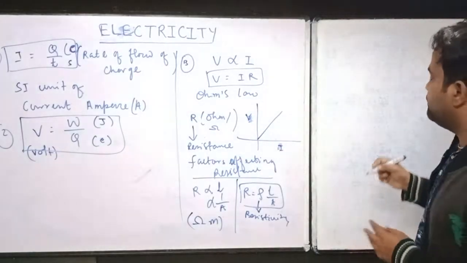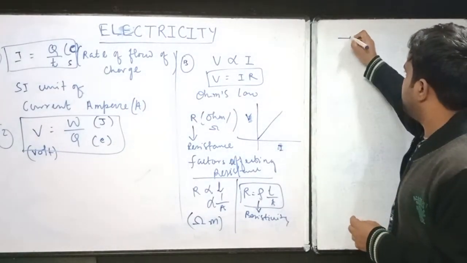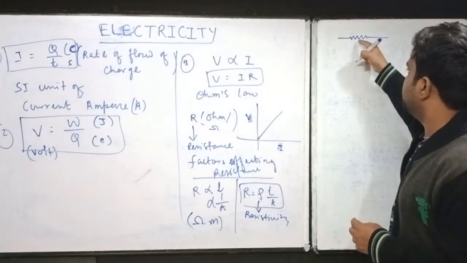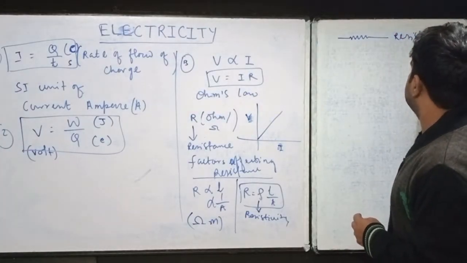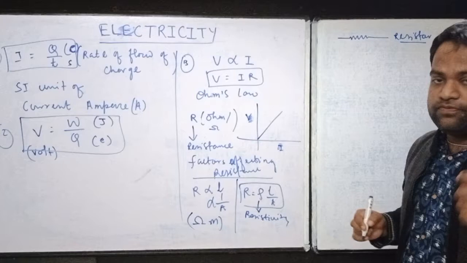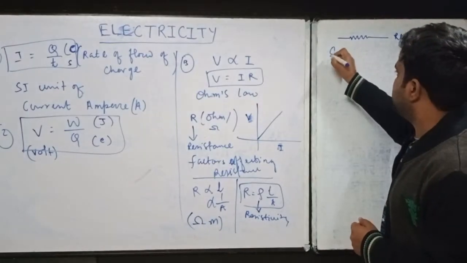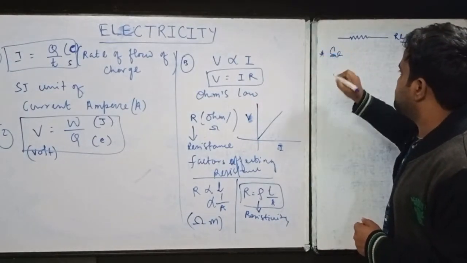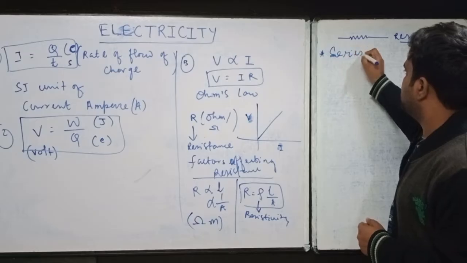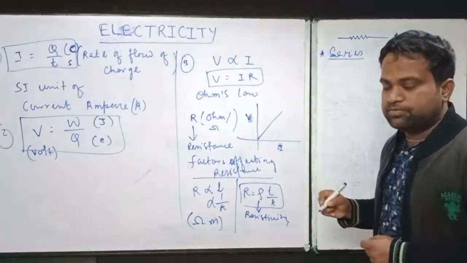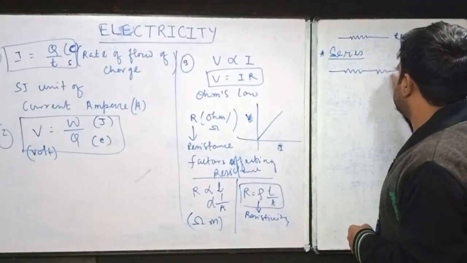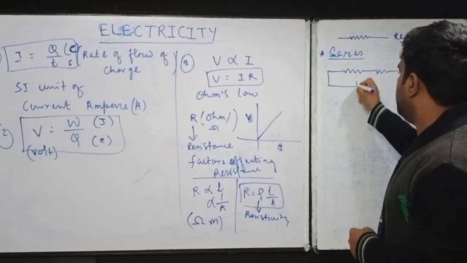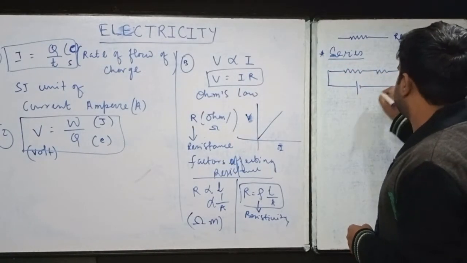If we represent a resistor with a symbol, this is the symbol for your resistors. So we'll discuss first the series connection, then we'll discuss the parallel combination. If we join the resistors in series, this is a series combination, and a battery or cell.